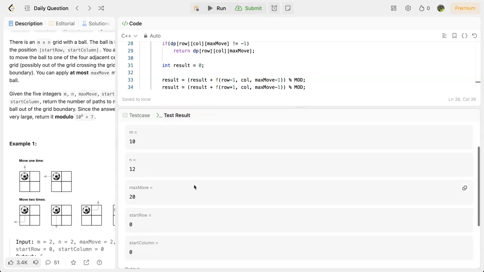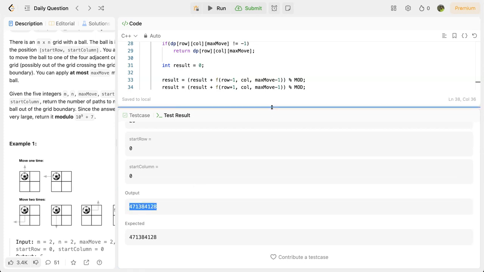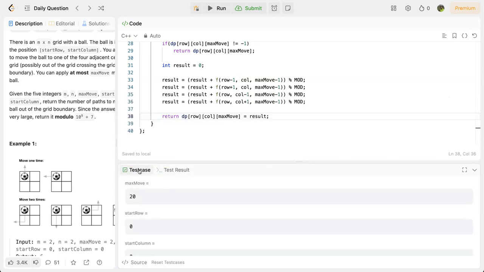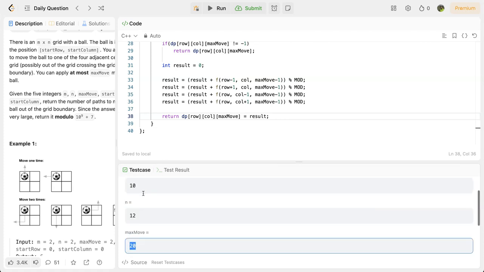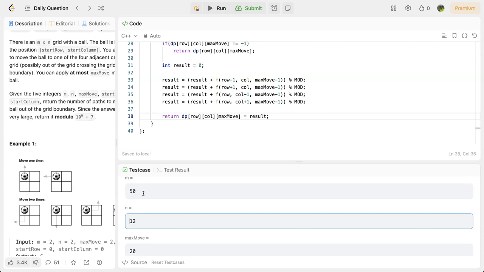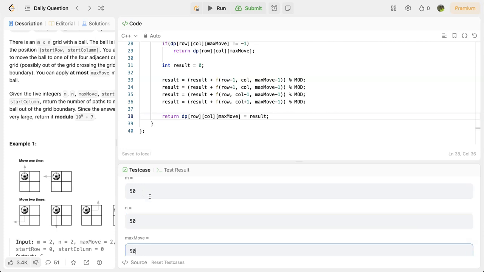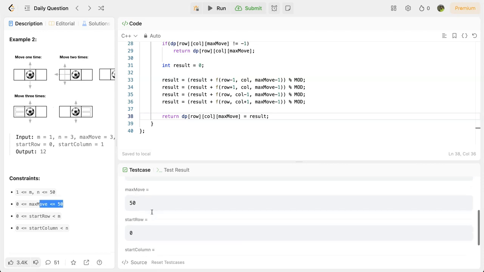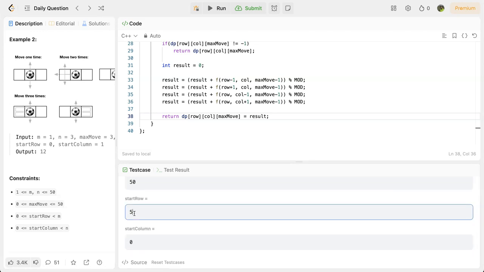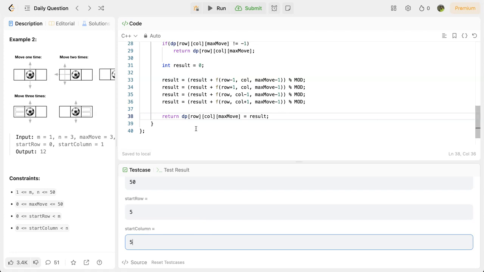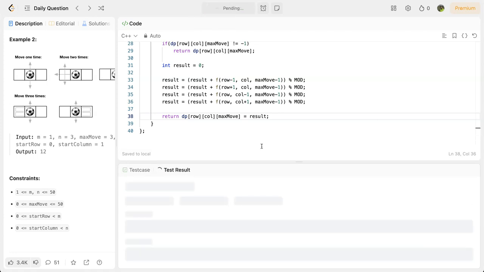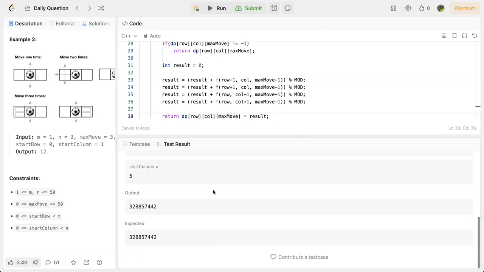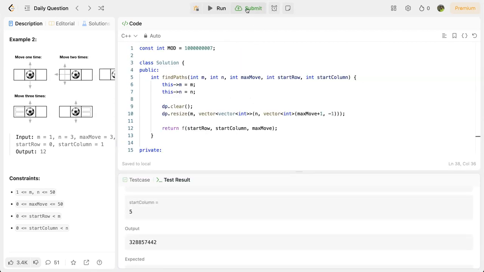Yeah, and the answer is going to be very big. Let's also try the maximum dimension. So let's go for 50, 50, and 50. And the starting row, let's say 5 and 5. Okay, this seems to be working. Let's submit.